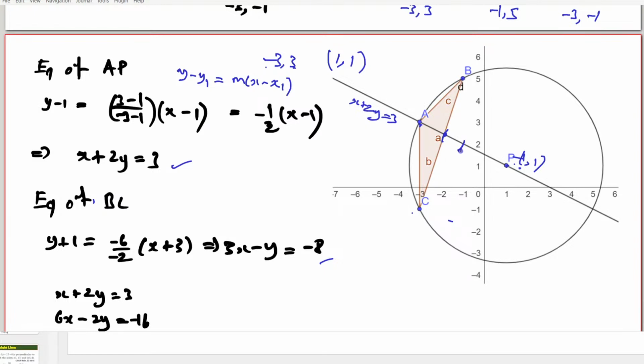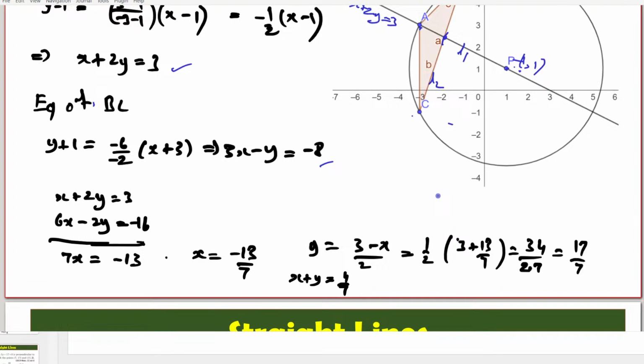So we got the equation of this L1, we got the equation of L2. Let us try to solve both the equations. Okay, then we'll get this point, right? We have basically x plus 2y equals 3, and 2 times this one, 6x minus 2y equals minus 16. So if we add, 7x becomes minus 13, x becomes minus 13 by 7. Let us just substitute this here. Right, what is y? y becomes 3 minus x by 2.